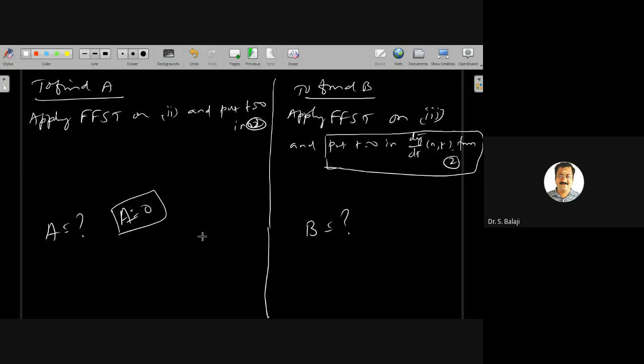Similarly, to find B, apply finite Fourier sine transform on subdivision number 3.